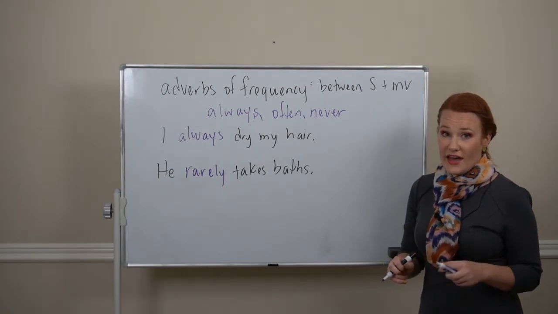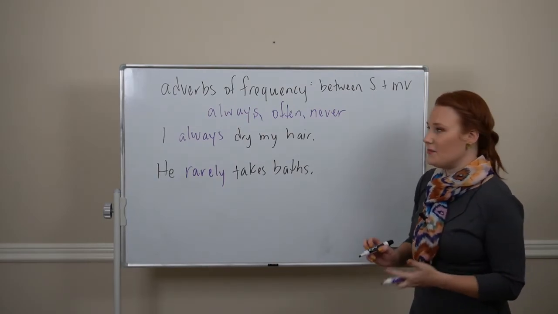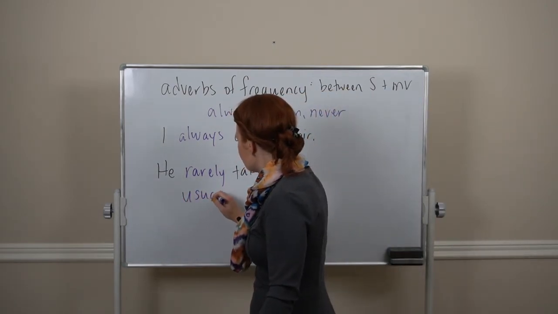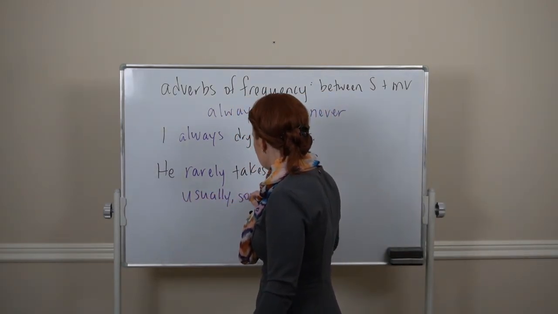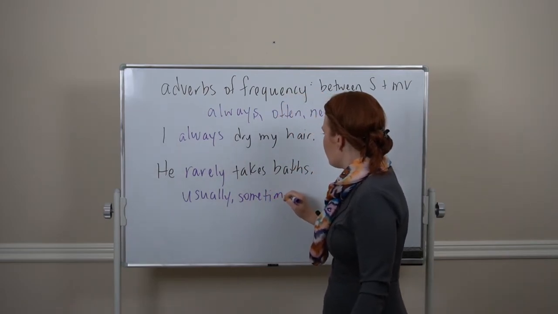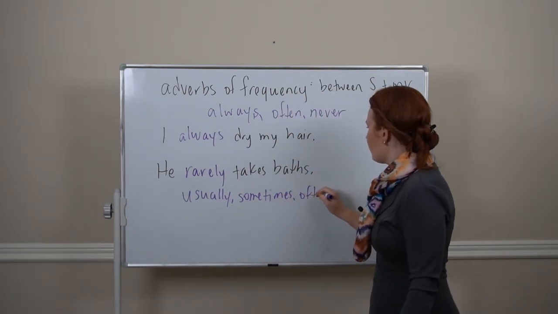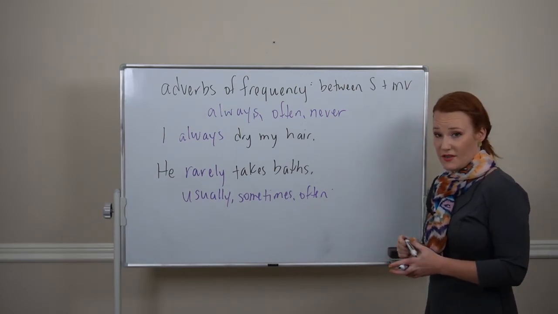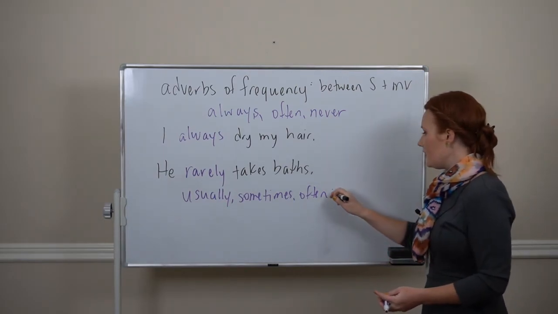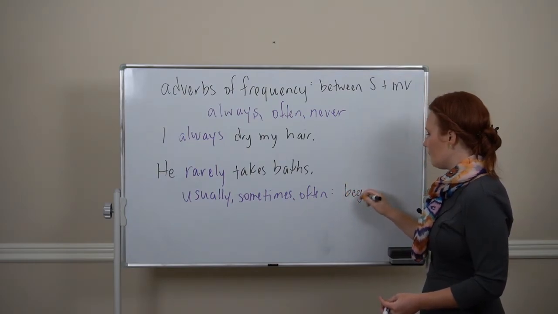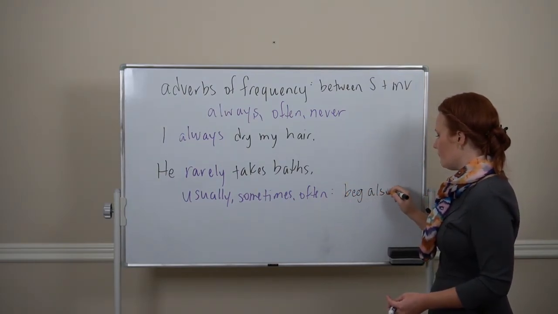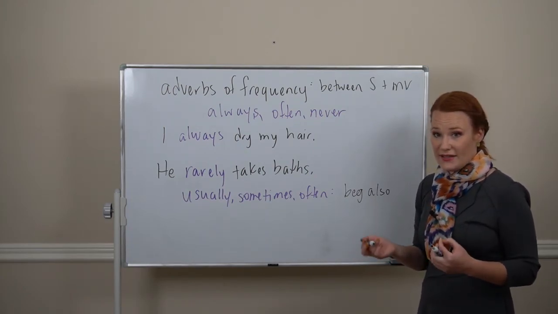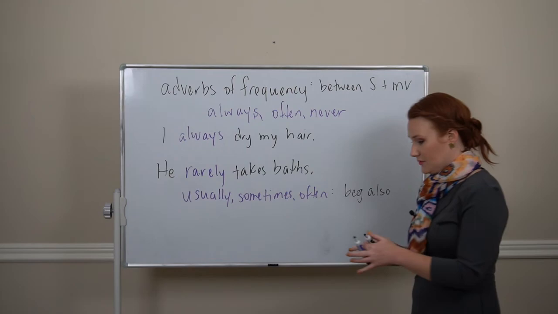Now, with the adverbs usually, sometimes, and often, these can go between the subject and the main verb, or they can go at the beginning. So, up to you. Again, if you want to emphasize when, then put it at the beginning.